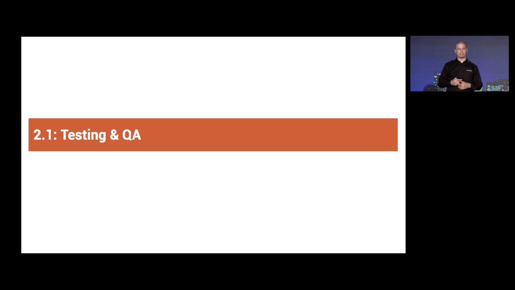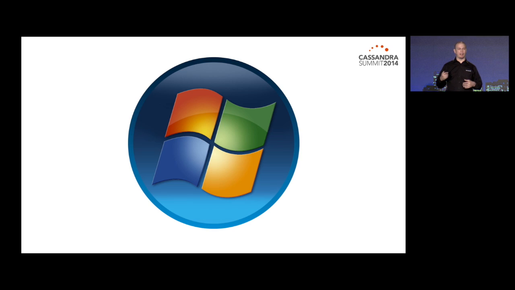Finally, I do want to mention something about our testing and QA in 2.1. So when I talk about testing and QA and beta quality, of course the first thing that comes to mind is Windows. But we've actually put a lot of effort into making Windows a good platform to run Cassandra on for 2.1. So I'm not going to say that it's production ready yet, but I am going to say that our QA team has dug into it, and the obvious problems are gone.